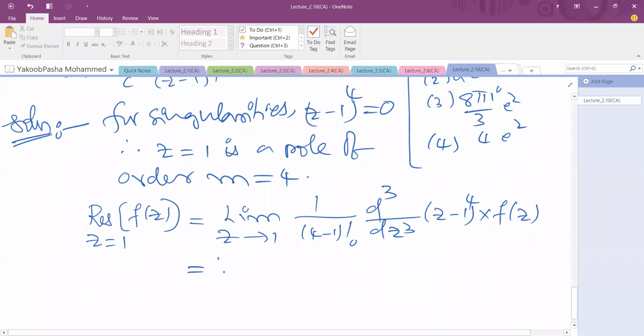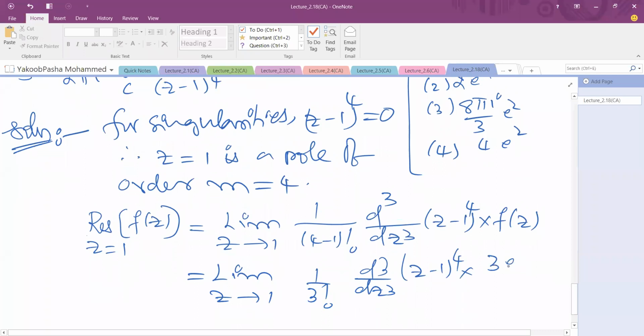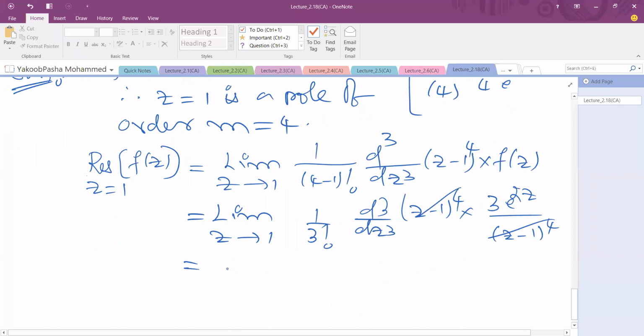So this is equal to the limit z tends to 1 of 1 by 3 factorial, third derivative, d cube by dz cube of z minus 1 whole to the power of 4 into f of z. Here we are given 3 into e to the power of 2z divided by z minus 1 whole to the power of 4, which will be cancelled. So we get 1 by 3 factorial, which is 6, limit z tends to 1.